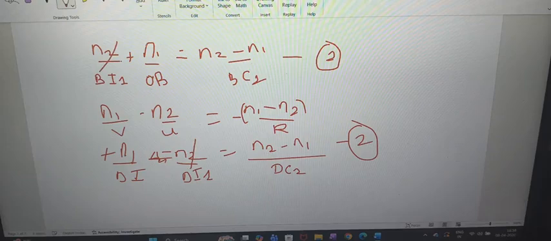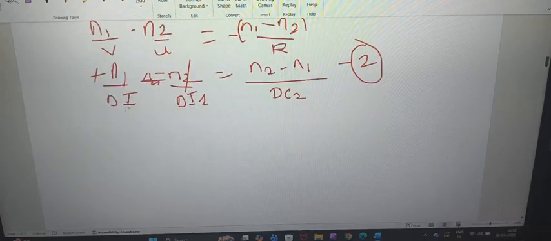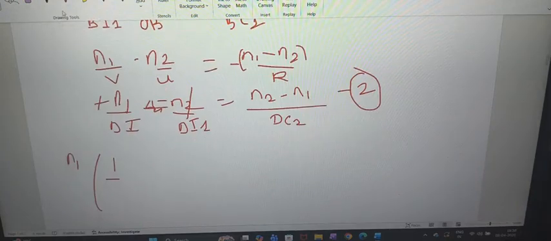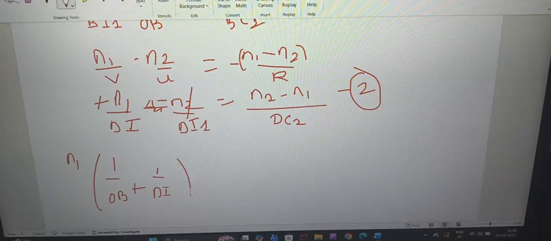Now we can add this. If I'm adding, n1 can be taken as common over here because here also n1, here also n1. So n1 common into 1 upon OB plus 1 upon di. Here in both the scenarios, n2 minus n1 is common.